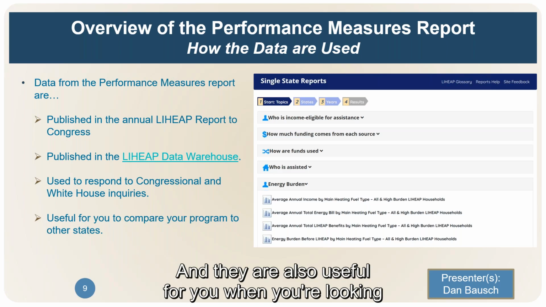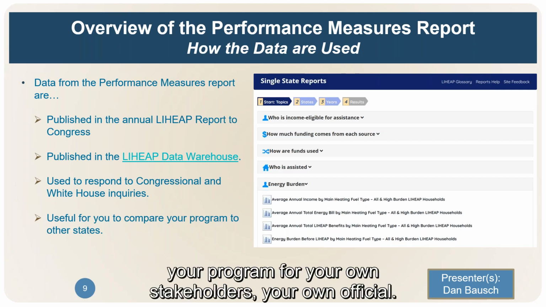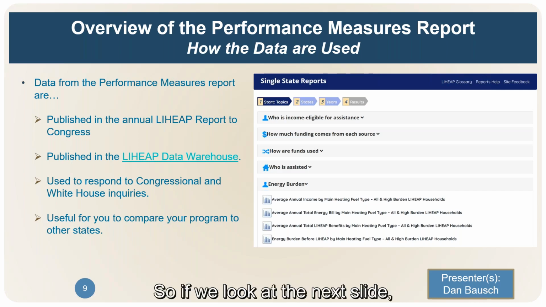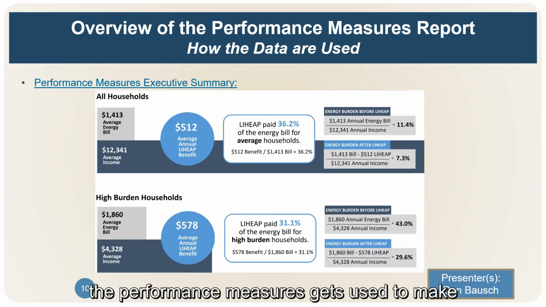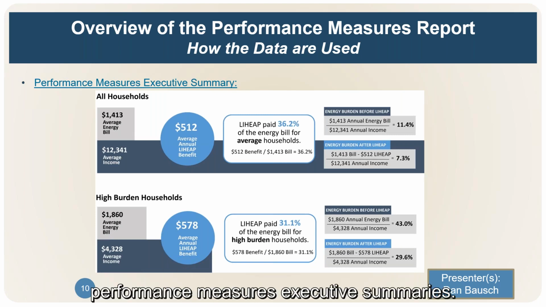And they are also useful for you when you're looking at your program or trying to help summarize your program for your own stakeholders, your own officials. So if we look at the next slide, the performance measures get used to make one-page documents called performance measures executive summaries.